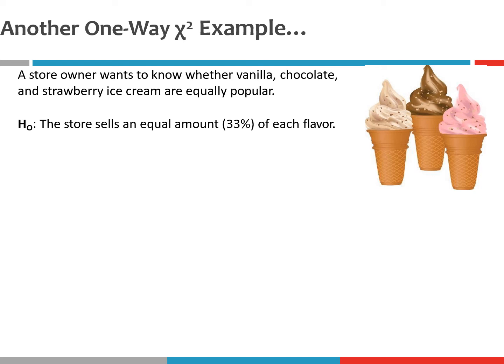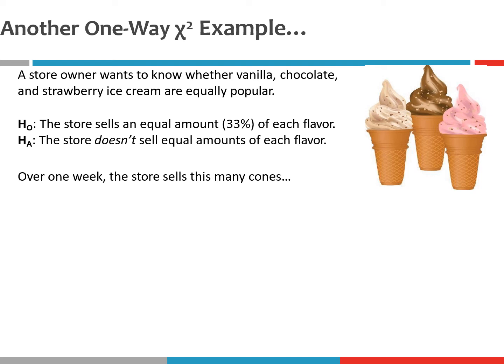We have chocolate, vanilla, and strawberry. Okay, so our expected percentage, if they're all equal, is going to be 100 divided by 3, which is about 33% per flavor. Okay, and the alternative hypothesis is that the store doesn't sell equal amounts of each flavor.